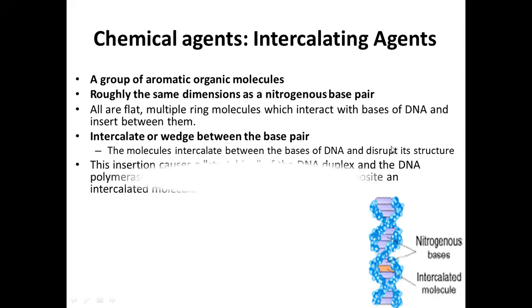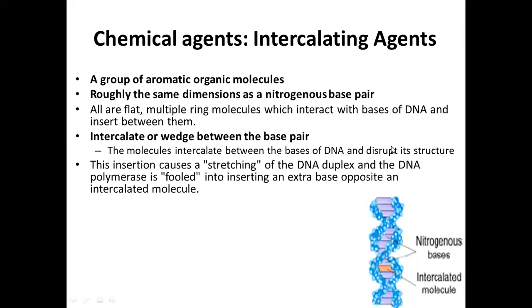Now, this insertion causes a stretching of the DNA double strand, and the DNA polymerase, in layman's language, becomes fooled in that it is going to insert an extra base opposite an intercalated molecule.